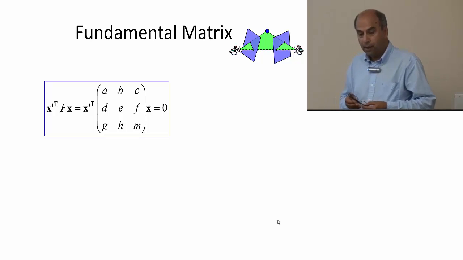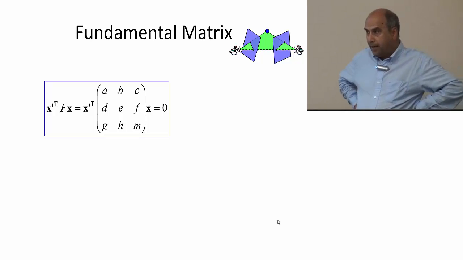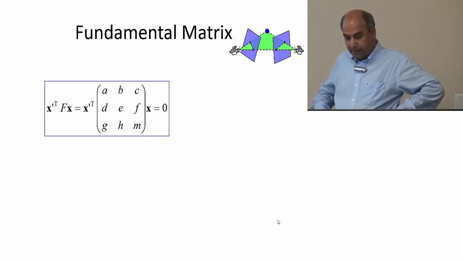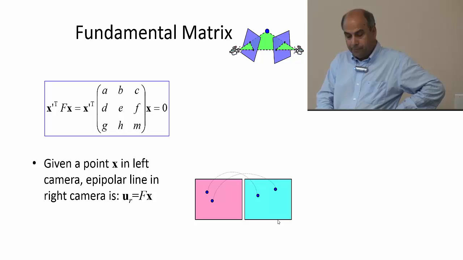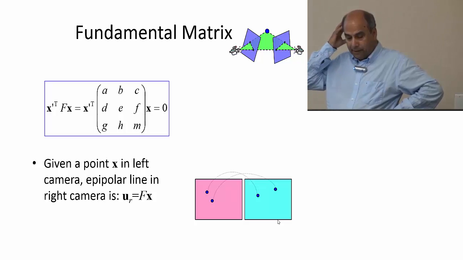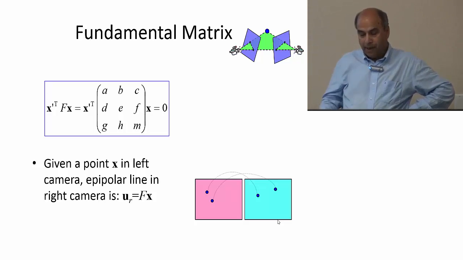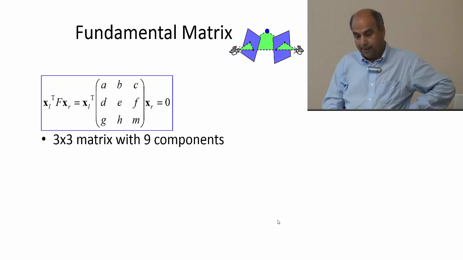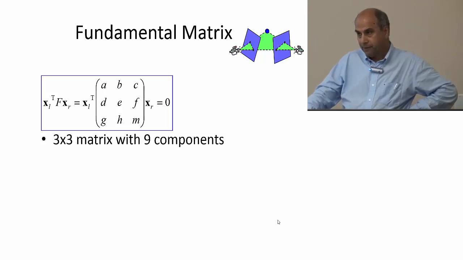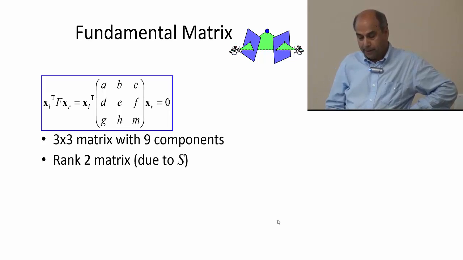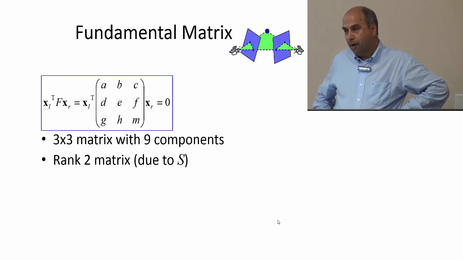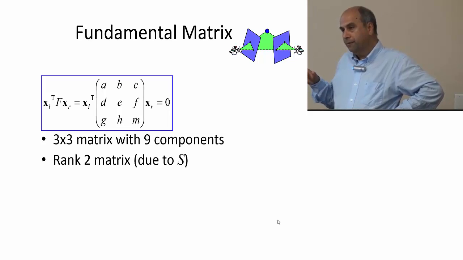Now it's a 3 by 3 matrix, and these are the elements. Given a point in the left image, we can find the epipolar line in the right camera if we know the fundamental matrix. It is a 3 by 3 matrix with 9 components, but the rank of this matrix is 2, because it is a product of the essential matrix and camera matrices.